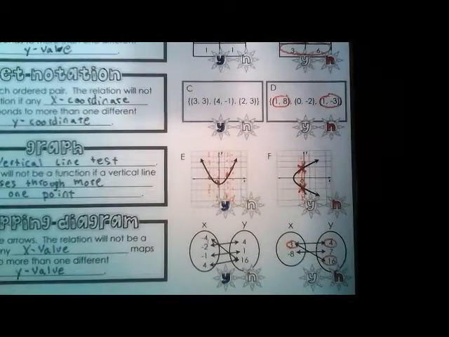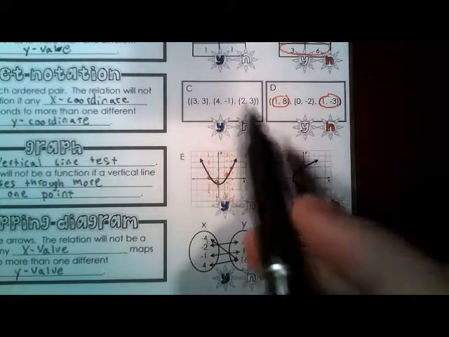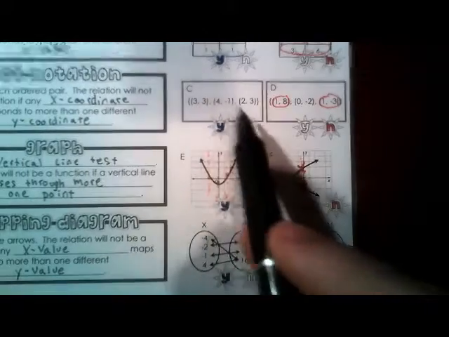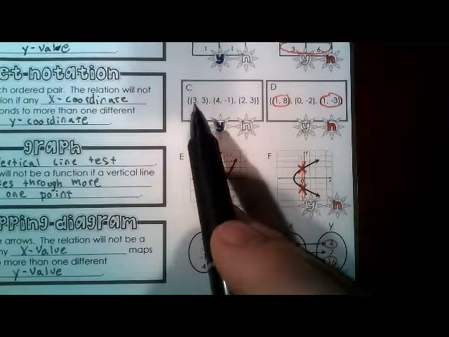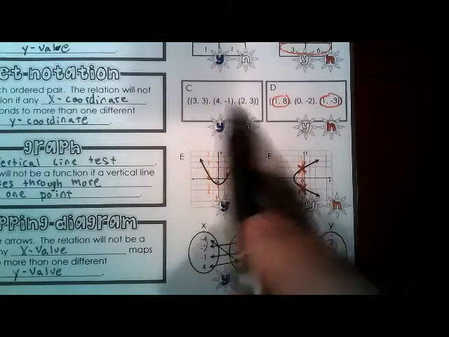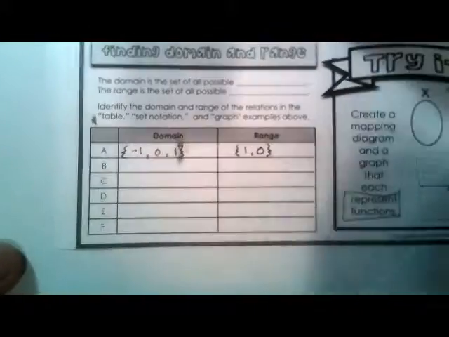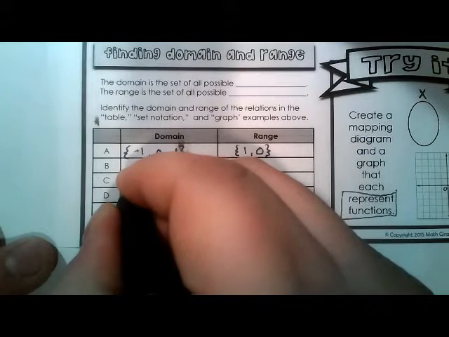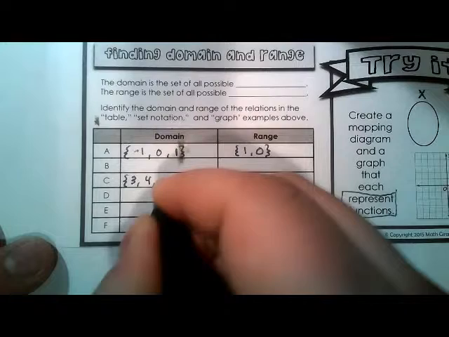Now let's do C. So C, again, the domain is going to be the x values. And it's a little bit harder here because we're actually given points. We've got this x value, this x value, this x value: 3, 4, 2. Those are going to be our domain.